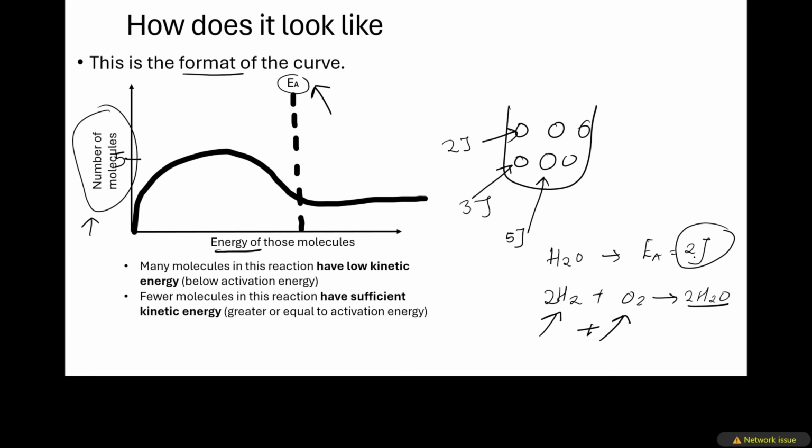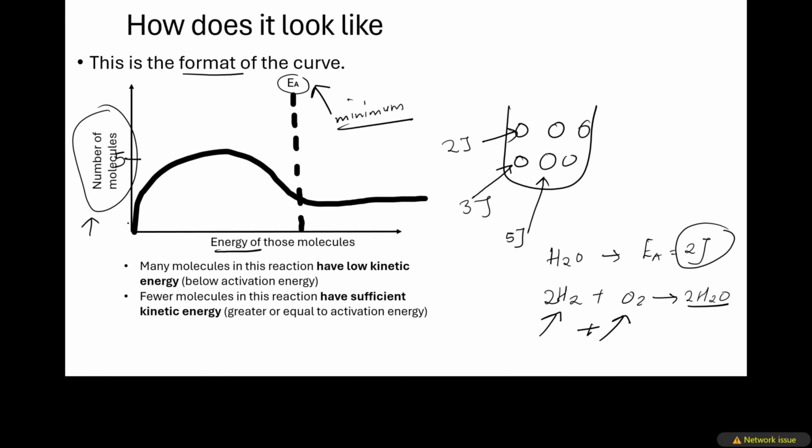If they are less than 2 joules, then they won't be able to collide effectively. So that's the whole concept of the activation energy, which is the minimum energy that these particles are required to have, so that they can collide effectively.